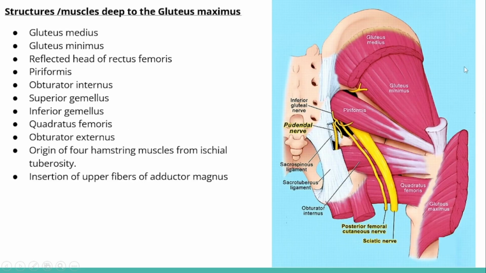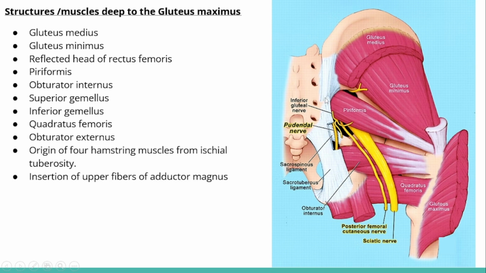Before discussing the other structures in the gluteal region, we'll look at the muscles beneath the gluteus maximus muscle. The gluteus medius and minimus are also partially covered from the inferior aspect by this muscle. When we lift the gluteus maximus muscle, we can identify gluteus medius and beneath that gluteus minimus.